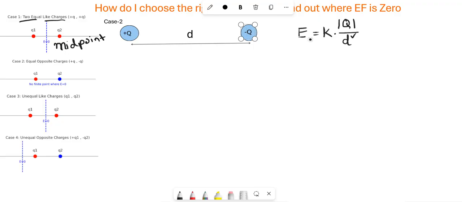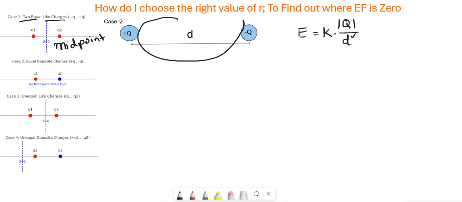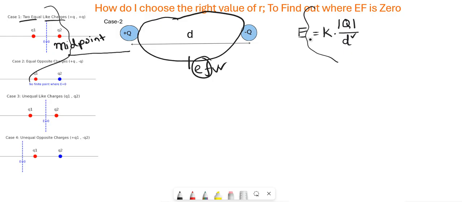In that case, obviously, in between this region there is an electric field available. So where will the electric field be 0, maybe somewhere here or somewhere here? But is it possible to find the value of R? Let's try. Let's consider the electric field to be 0 here for case number 2.